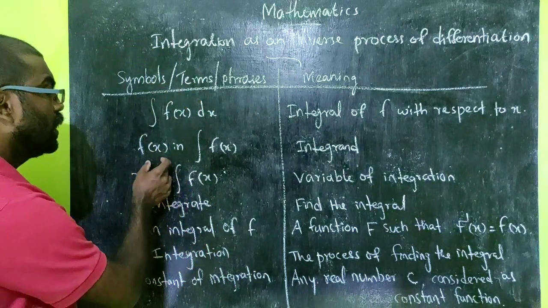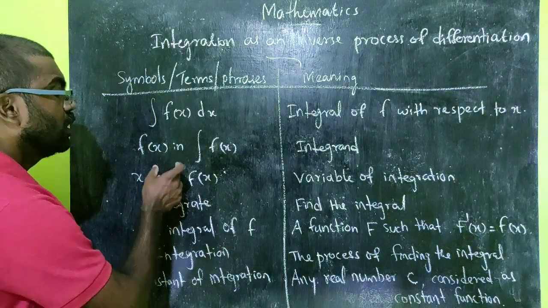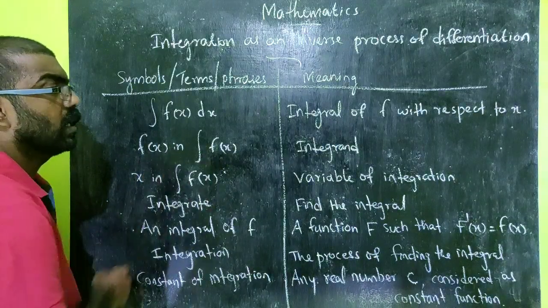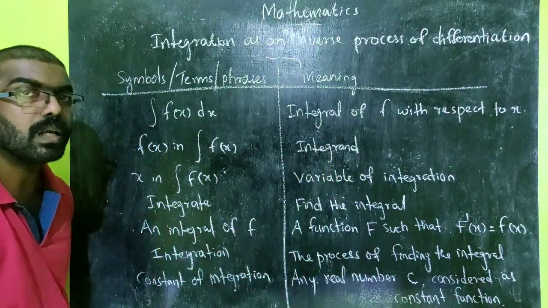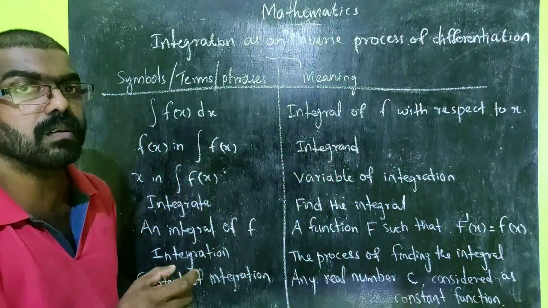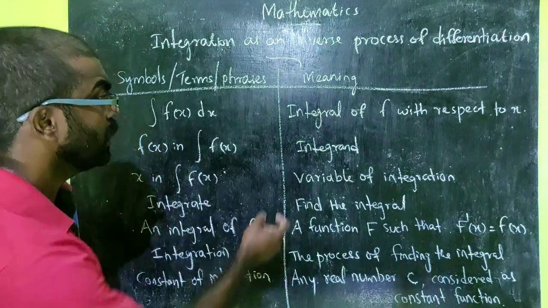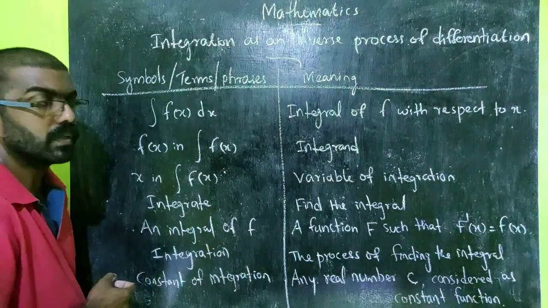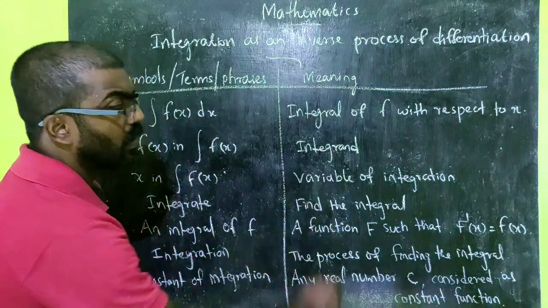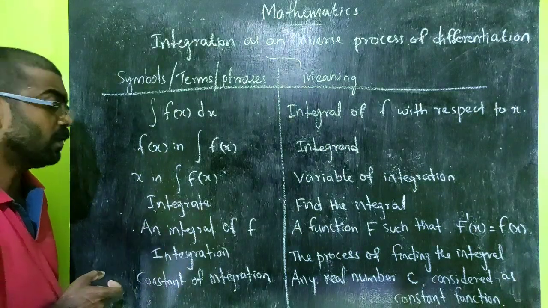Second, f of x in integral f of x dx is known as the integrand. Integrand means the function we have to integrate. Next, x in integral f of x dx is called the variable of integration.